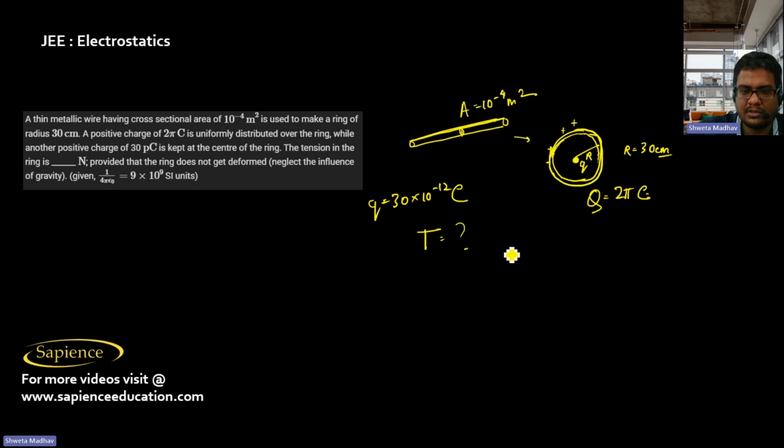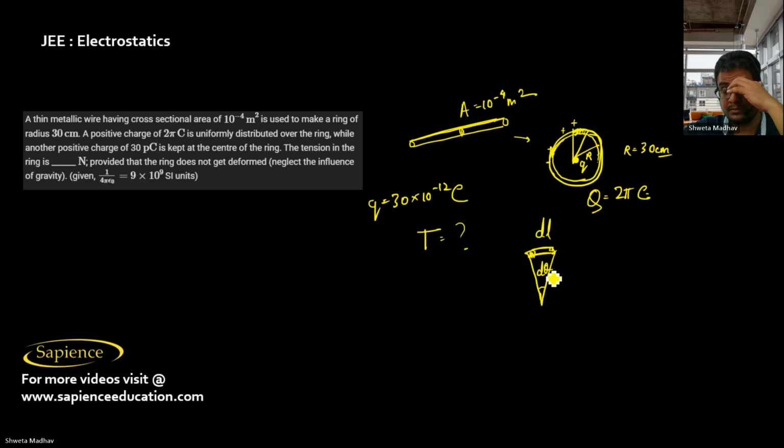Obviously, there will be some repulsive force. So if you take a line element of the ring of length dl, the angle formed at the center is d theta. The tension in the ring will be T and T like this.